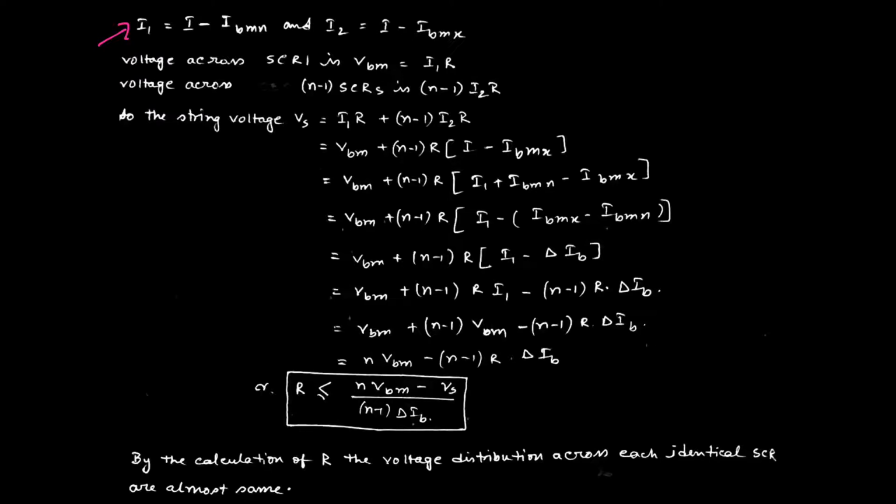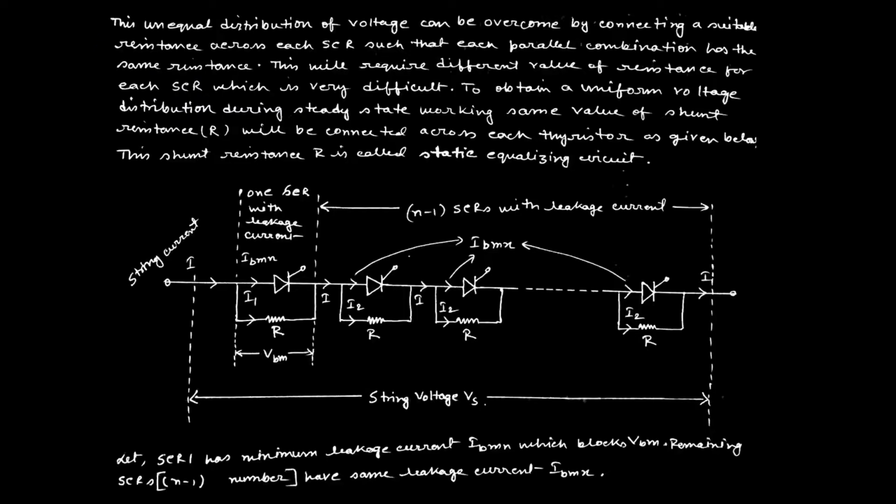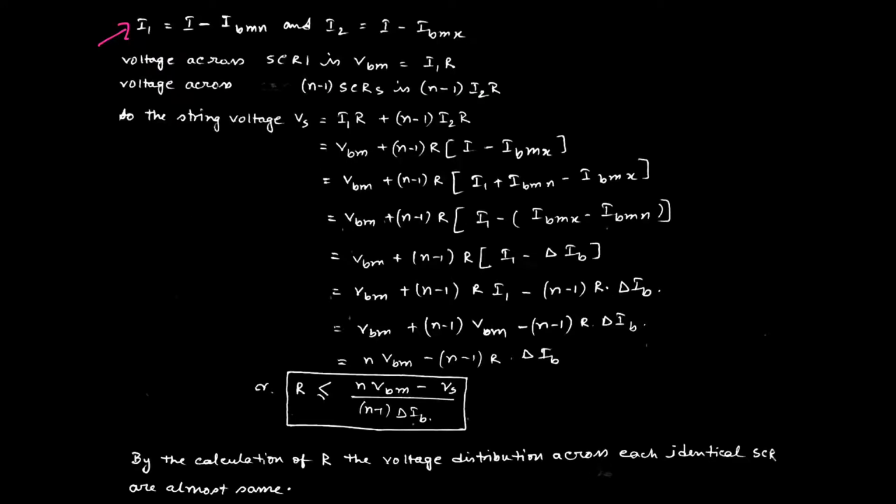Go to the previous slide. Which one is I1? This is I1. So I1 should be equal to I minus IBMN, whereas I2 should be equal to I minus IBMX. So for n number of SCRs, we can write the equations in this way.